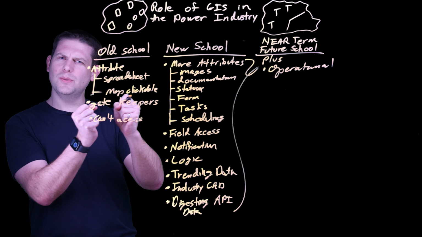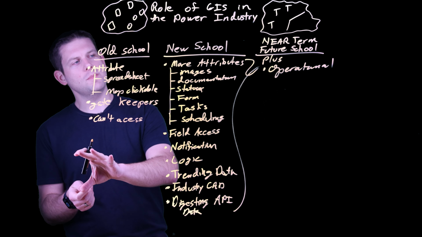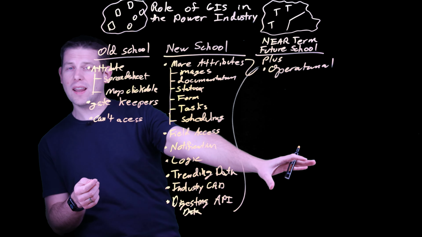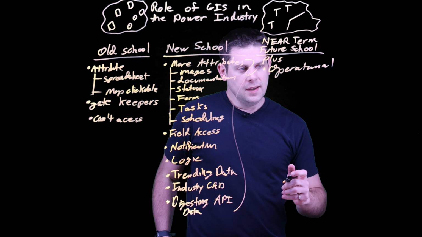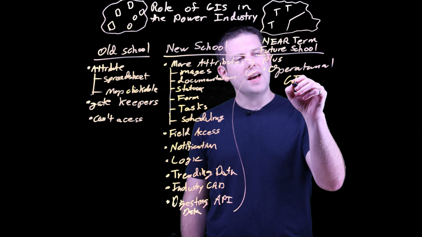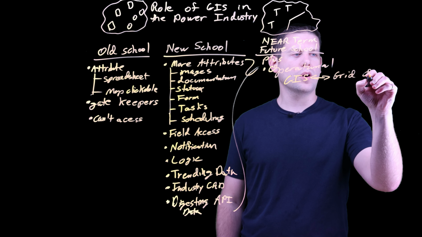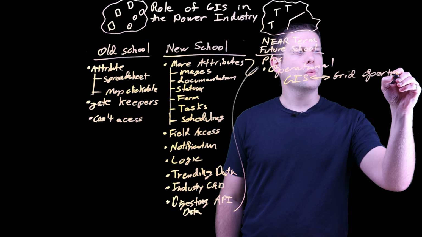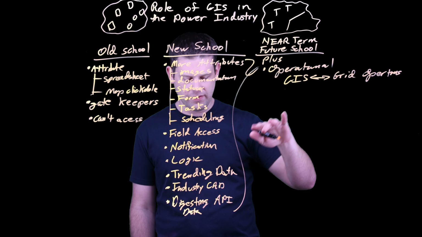But it's still really decoupled. You know, if you make an update on one spot, the old school GIS, it didn't automatically go, let's say, to the operational overlay. But basically, where the GIS and grid operations kind of work closely together, right? Where your grid operations relies on that data in GIS and vice versa.